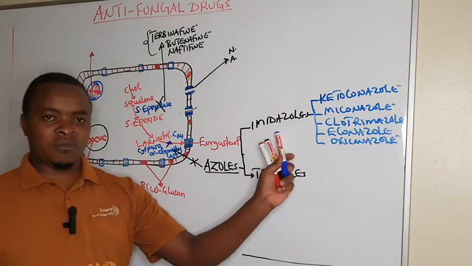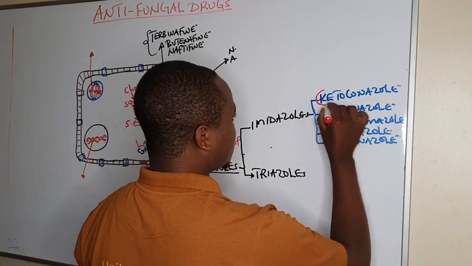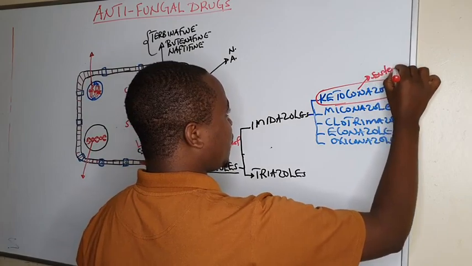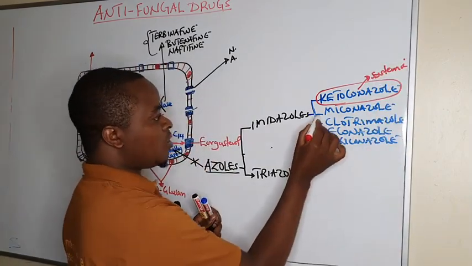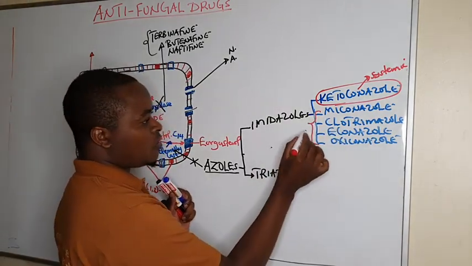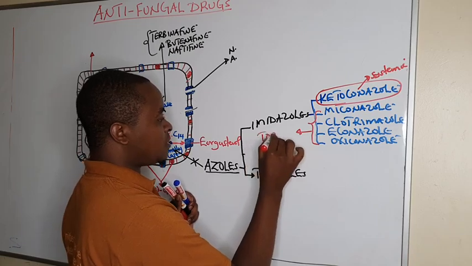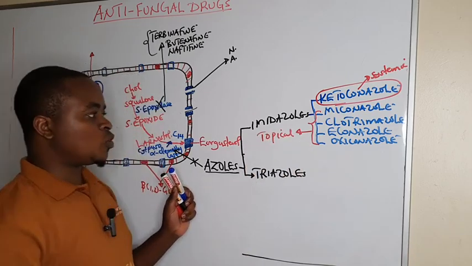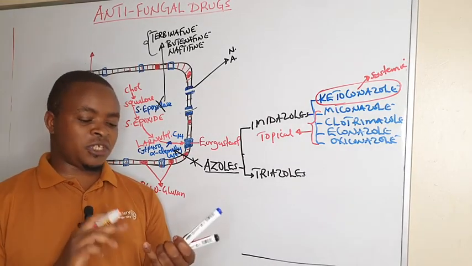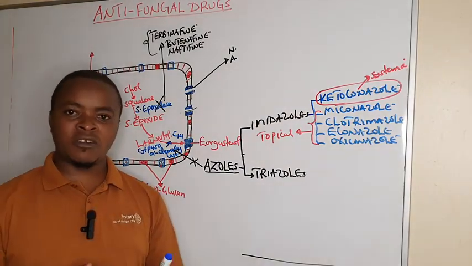And among these imidazoles, with the exception of ketoconazole, which targets systemic fungal infection, the miconazole, the clotrimazole, isoconazole, and oxiconazole target topical infections, or what you can call superficial, such as the dermatophytes and oral candidiasis, including esophageal, together with the vulvovaginal candidiasis.